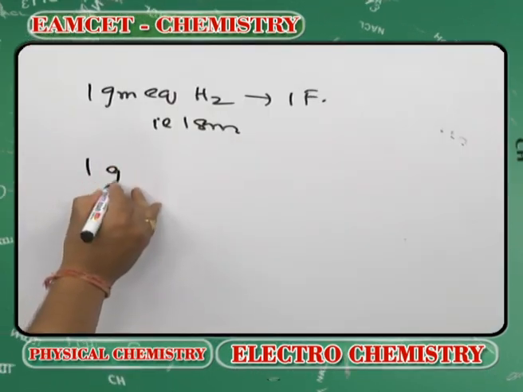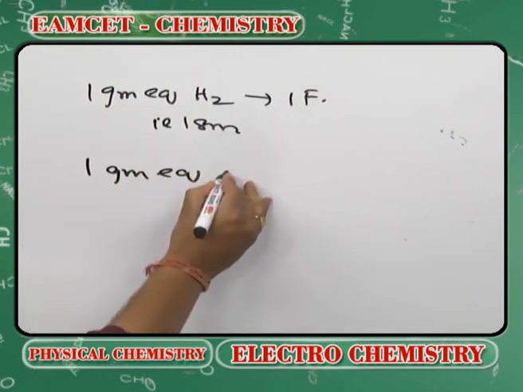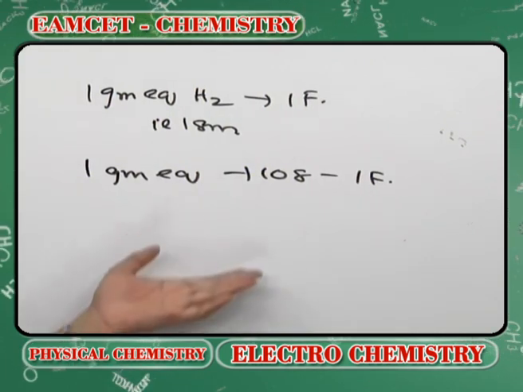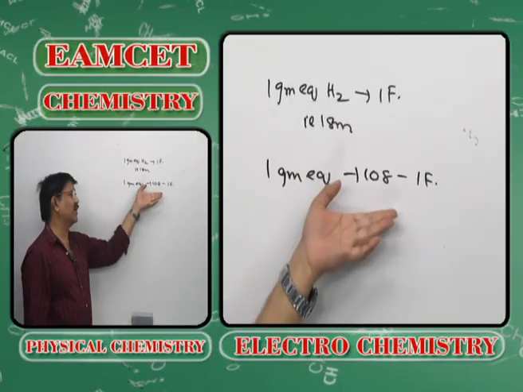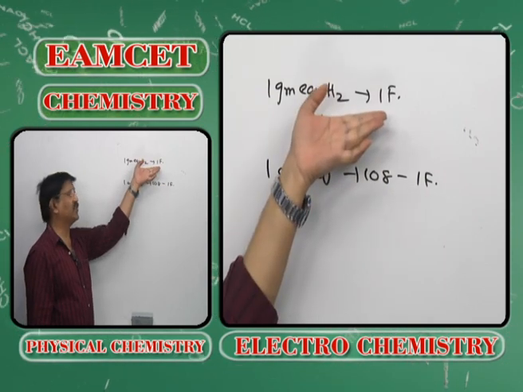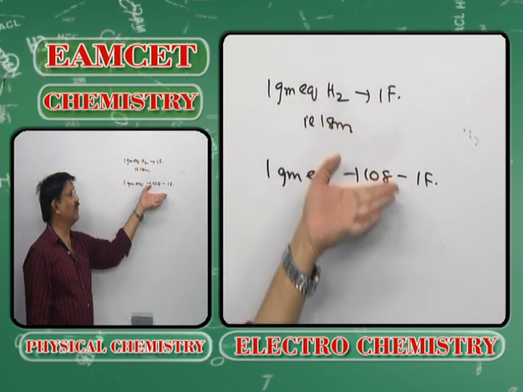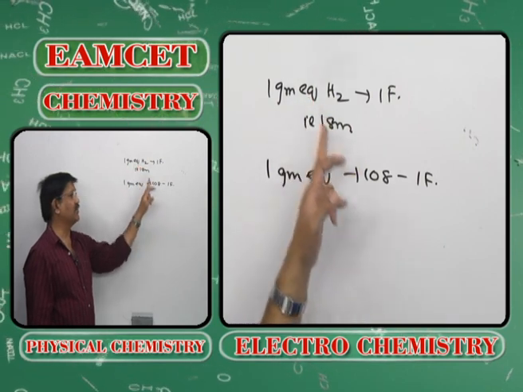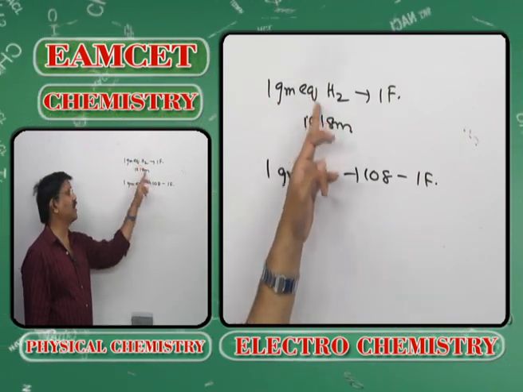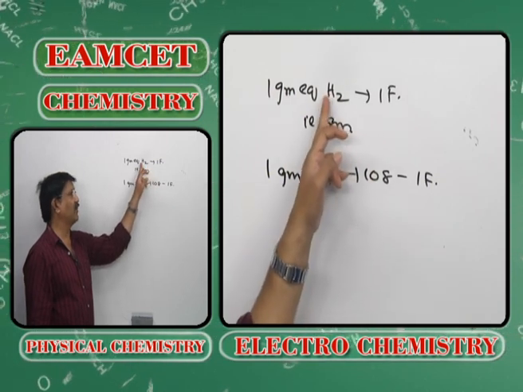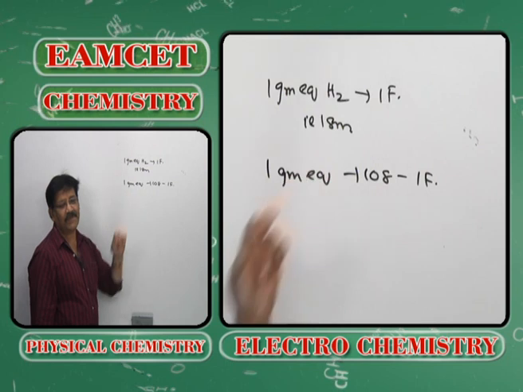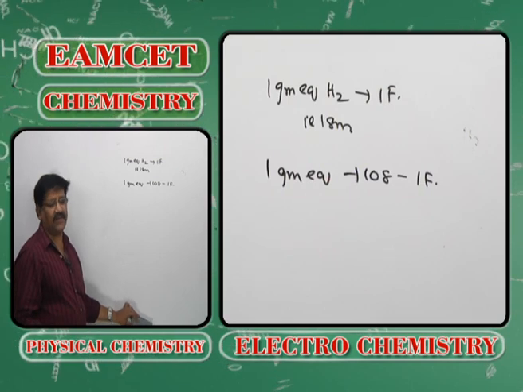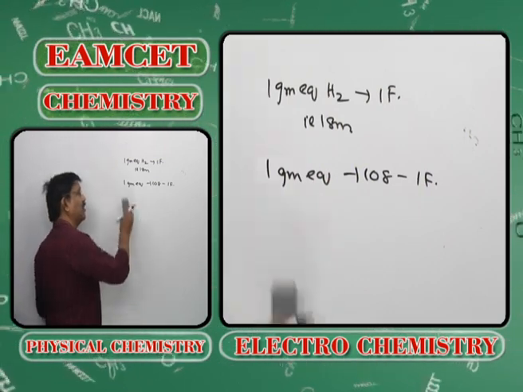Whereas to produce 1 gram equivalent weight of silver, that is 108 grams, we need only 1 Faraday. Production of 108 grams of silver and production of 1 gram of hydrogen will incur the same cost. To produce 108 grams of hydrogen, we need to spend 108 Faradays of electricity. So the cost of electricity is definitely inversely proportional to the equivalent weight.